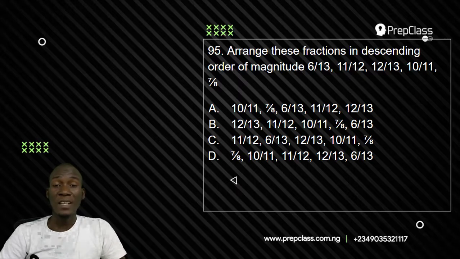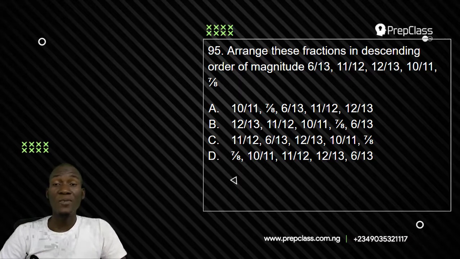B, 12 over 13, 11 over 12, 10 over 11, 7 over 8, 6 over 13. C, 11 over 12, 6 over 13, 12 over 13, 10 over 11, 7 over 8. D, 7 over 8, 10 over 11, 11 over 12, 12 over 13, 6 over 13.